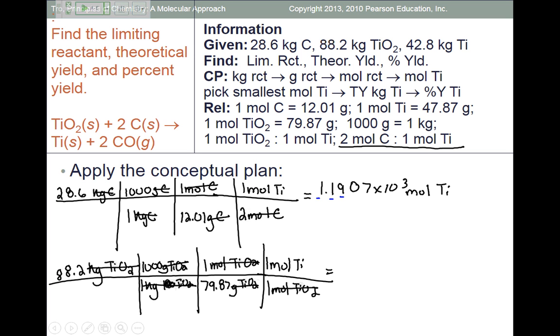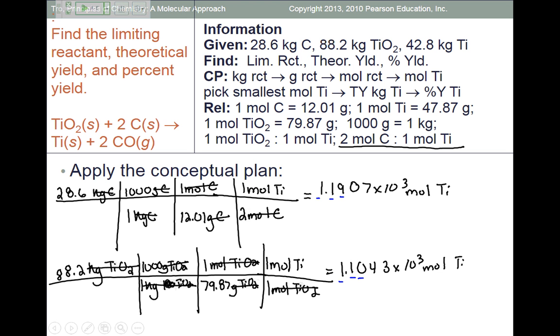So when we figure that out, now we have these 2 moles of product. So the question is, which of these 2 is limiting? So our TiO2 gives us a smaller amount of moles, so that's going to be our limiting reagent. Once we run out of TiO2, we can't do any more reaction.